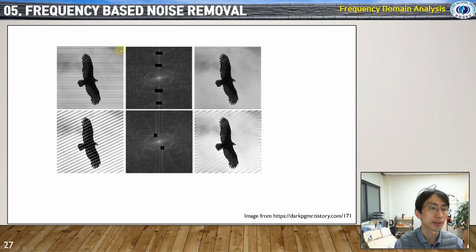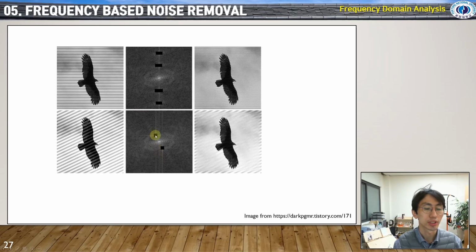As you see, this kind of noise has patterns and is repeating. The line spaces between the lines here are almost the same, so that's why we can find the frequency of this noise; these noises are very easy to find in the frequency domain. And then removing it, just removing the information in the frequency space, is very easy.